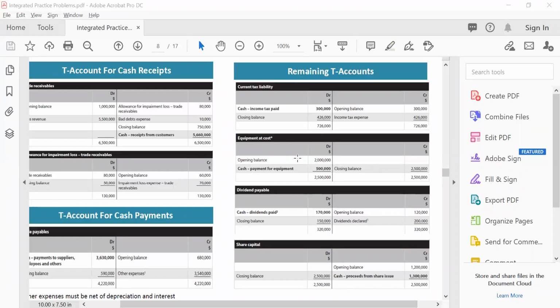And then if we need to find the plug, okay, so again, we have these plug numbers. Where did they come from? They simply came from the differences that existed between the opening balance journal entry versus the closing balance.